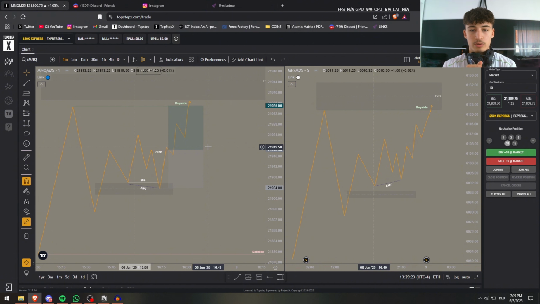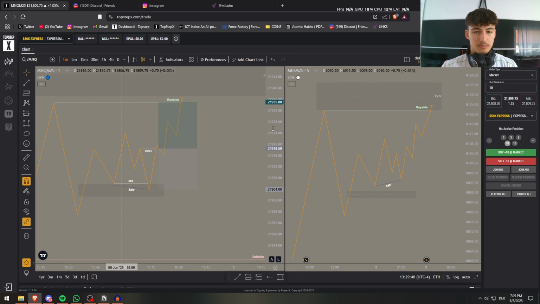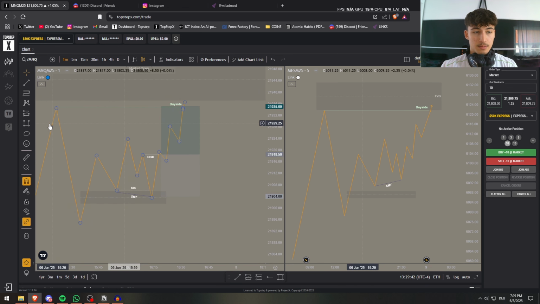Starting from Monday, tomorrow, I will be risking around $400, $450 on my reversal model. And for continuations, I'm willing to risk around $600. So yeah, 500 to 600, maybe something like that. And yeah, I will be catching smaller risk to reward trades.